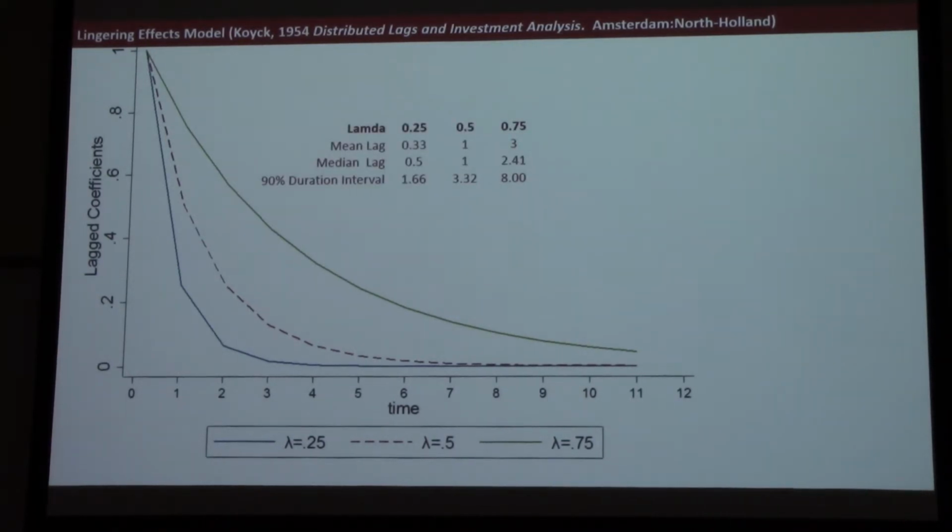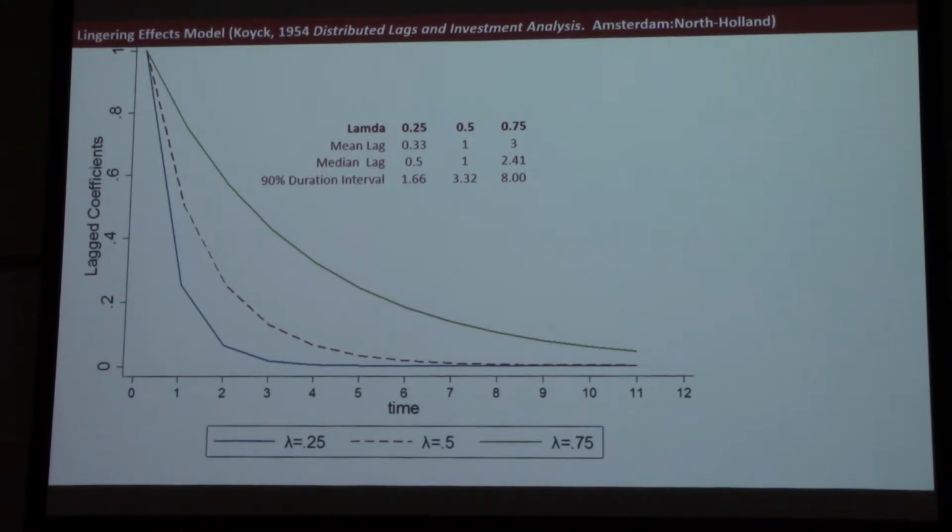So, a common duration interval in the marketing industry is the 90% duration interval. How long does it take for 90% of the effects of advertising to decay? For us to exhaust 90% of the effects of advertising? Because remember, it goes on technically forever, so we can keep increasing the number of periods.